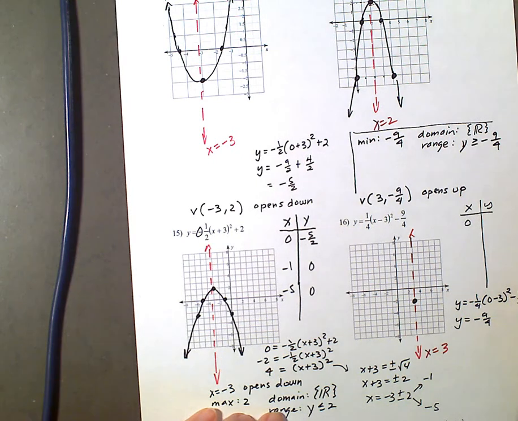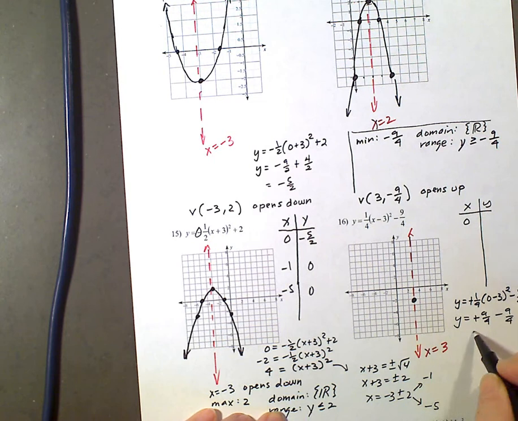Oh, no, wait, that's not a negative, that's a positive 1/4. There we go. So 1/4 times 9, which is just positive 9/4, and a negative 9/4. Okay, so y would be 0.